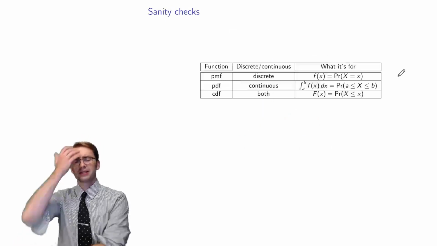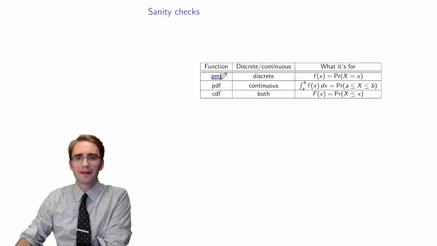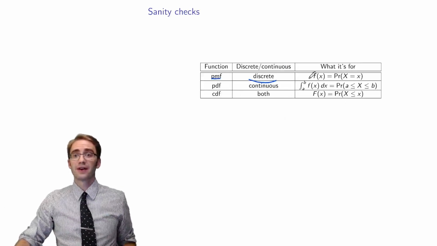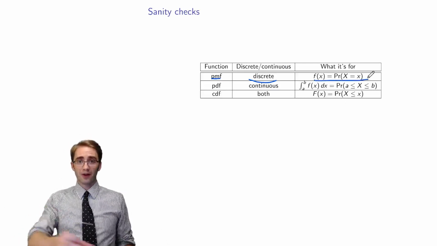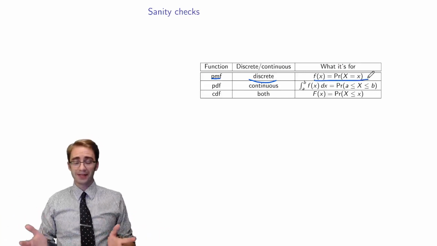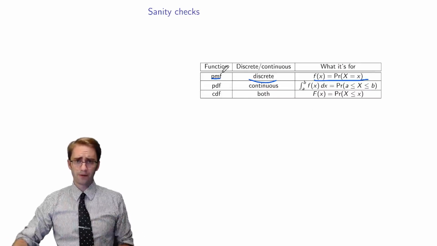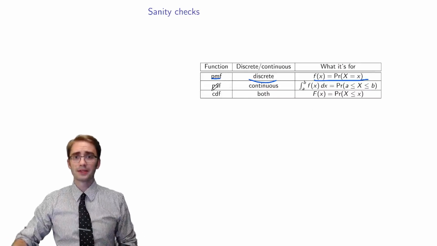Some sanity checks here, just to remember the terminology. PMF, probability mass function, is something that only exists for discrete random variables. It tells me the probability that the random variable takes a particular value. Again, you're rolling dice. The PMF tells me the probability that I roll a 7. The counterpart for continuous random variables is the PDF, the probability density function.